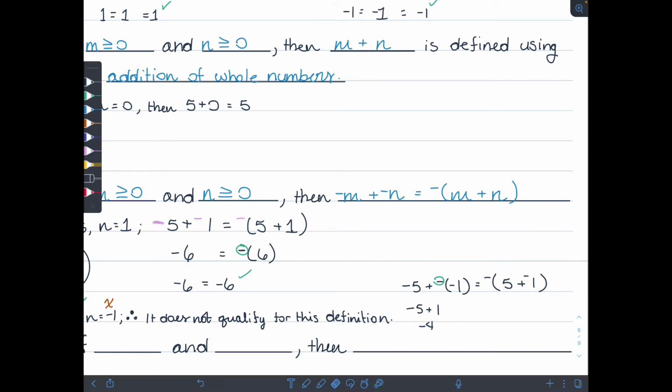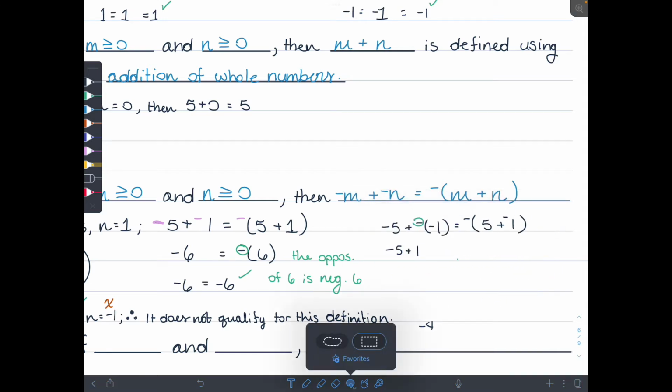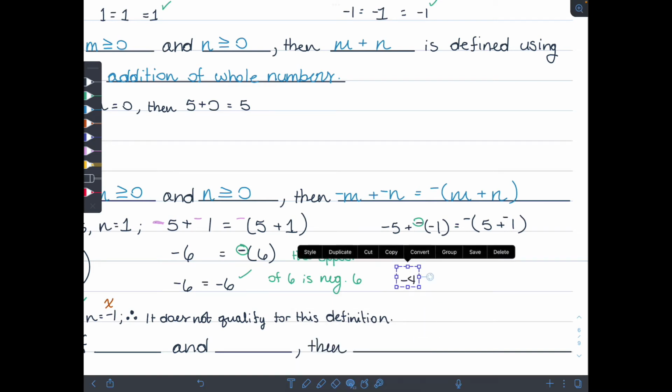Let me put this over here. Bump this up here. There we go. Now we have room, which is equal to, well, what's 5 plus negative 1?